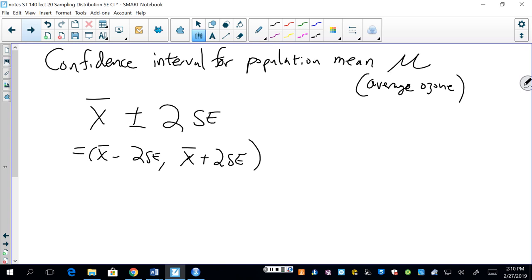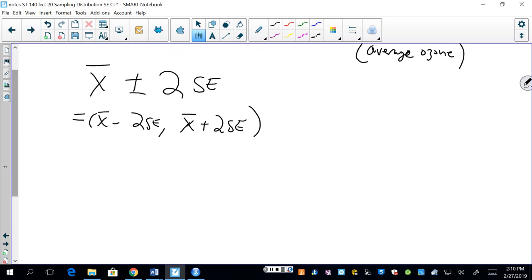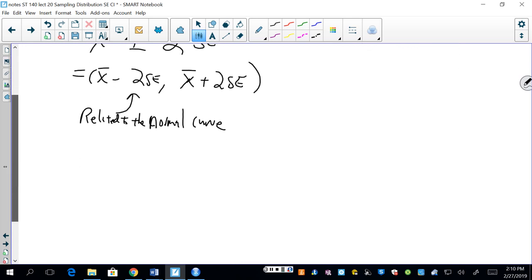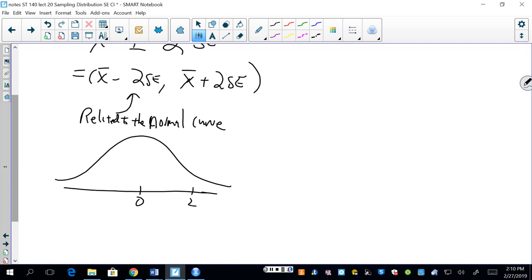So this type of number 2 is related to the normal curve. And so under a normal curve, approximately, for a standard normal, plus or minus 2 has about 95% in the middle.